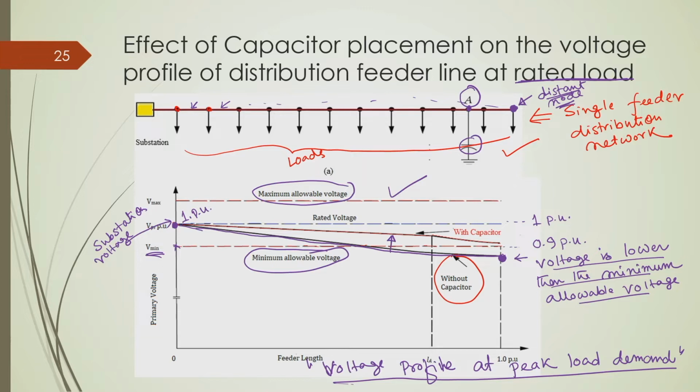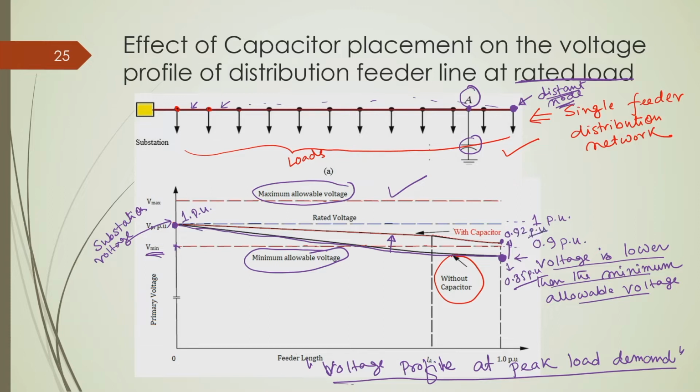That means the voltage of that particular node is improved or increased to a value which is even higher than the allowable voltage. Suppose initially that voltage was 0.85 per unit, and with this capacitor placement it increased to 0.92 per unit.